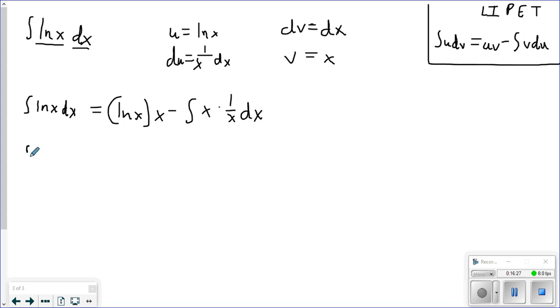Well, just breaking that down, we got the integral of the natural log of x dx equals the natural log of x. Usually we'll put the x out front. We like to write logarithms last. Let's just do a little quick mental math here. x times 1 over x is 1. So the integral of 1 is x, so it's minus x. Since it's an indefinite integral, plus c. So again, using the integration by parts method there.